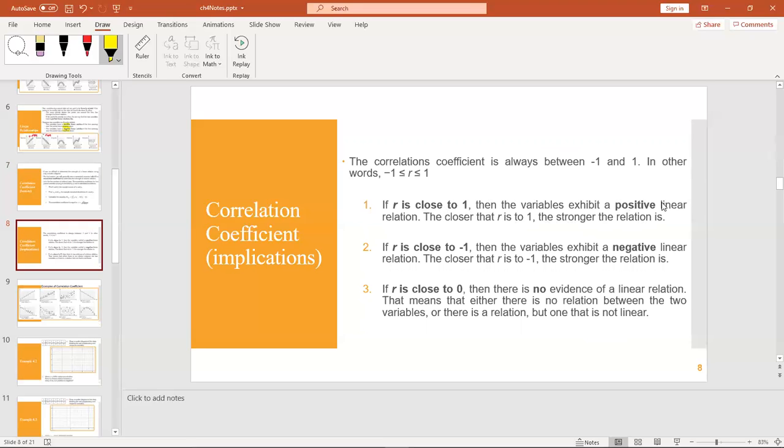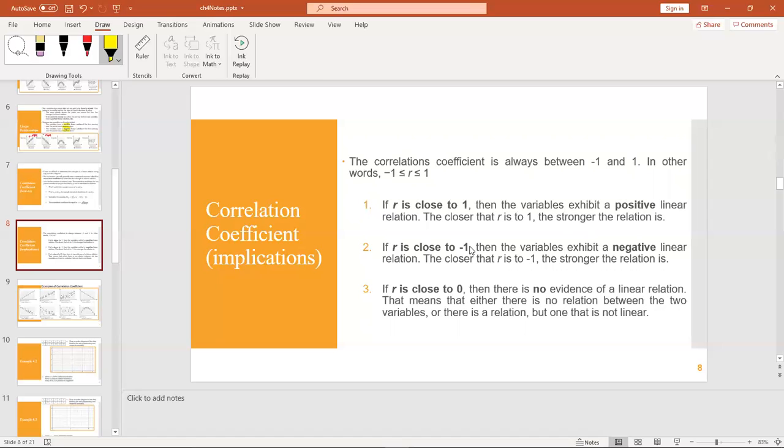And moreover, because it's +1, that tells you it'll have a positive slope. On the other hand, if it's a value close to -1, like -0.95 or -0.87, or even maybe -0.79, those are all values that are kind of close to -1.